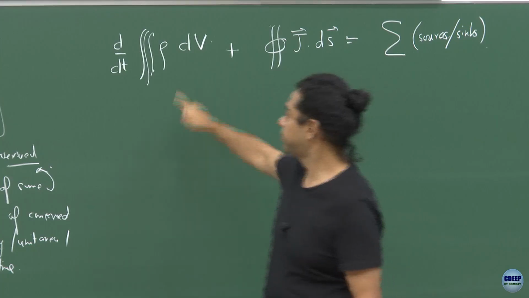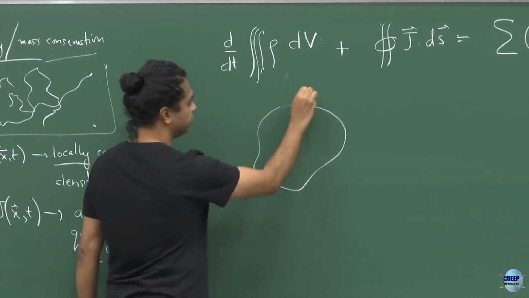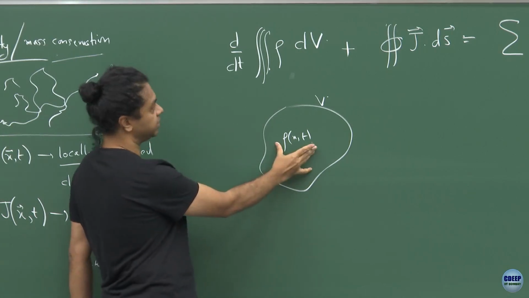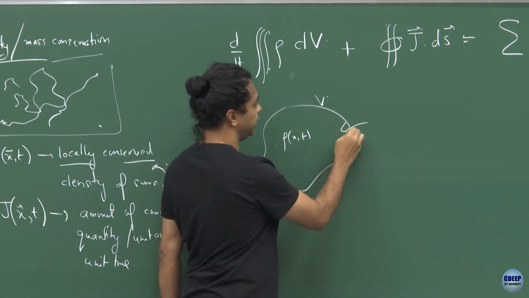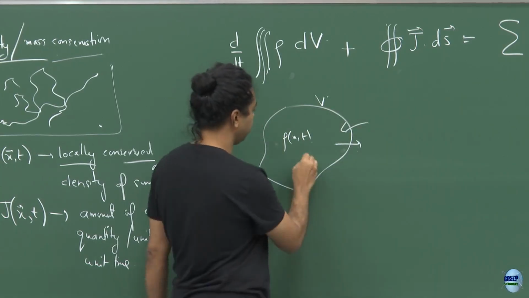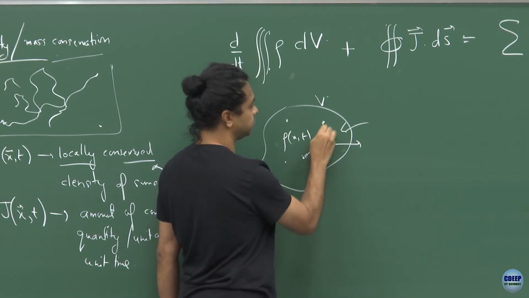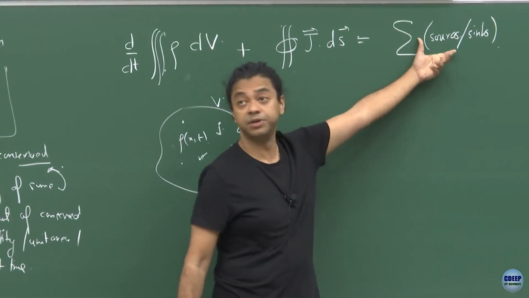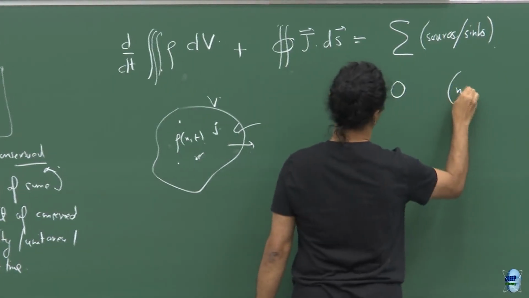So I have some volume V, and inside this volume I have some rho of x, t that is changing with time. The only way it can change is if things are flowing into or out of the surface, which is why you have the J dot dS, or if you have localized sources or sinks inside this volume, which either absorb or create particles. So this change in this quantity must be equal to sources or sinks. If you have no sources or sinks, then this is 0.